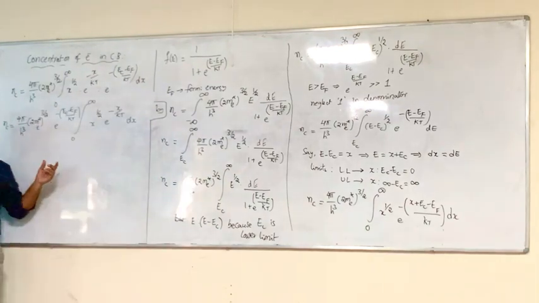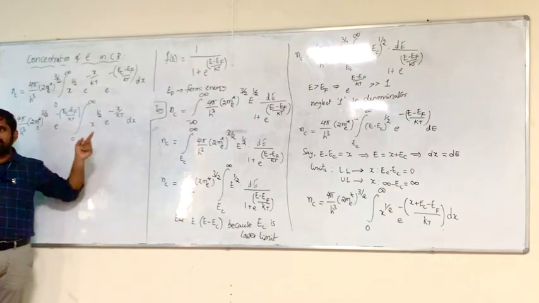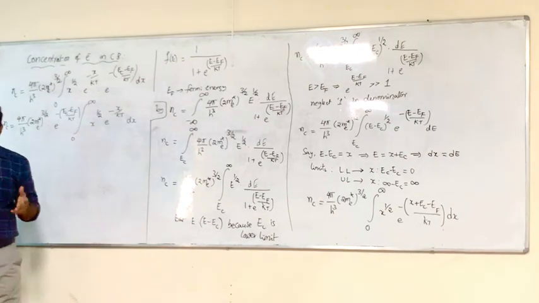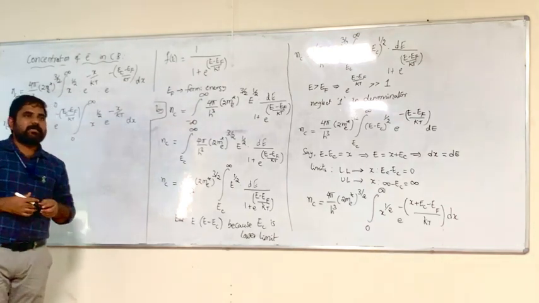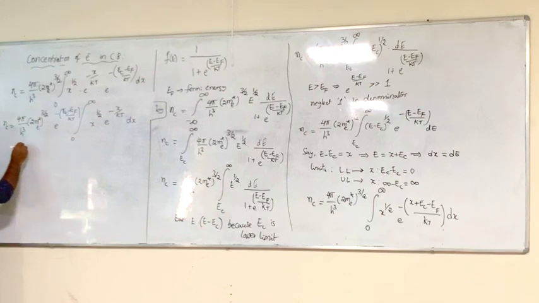Okay, let us come back. We are almost at the end. Now let us further simplify, because e power minus x by kT looks somewhat complicated. So further simplify by calling x by kT as y.